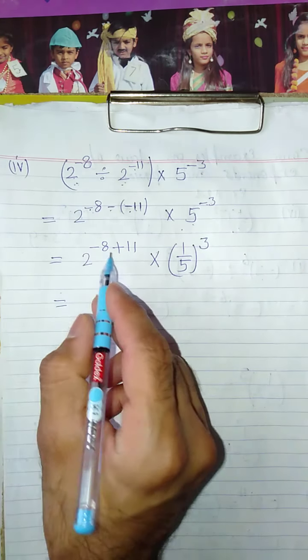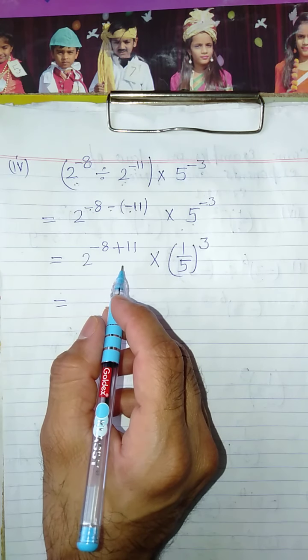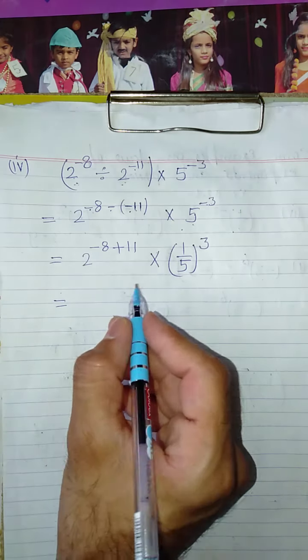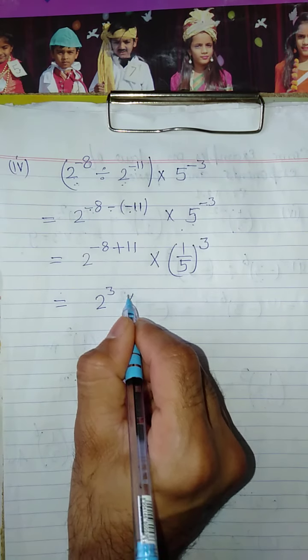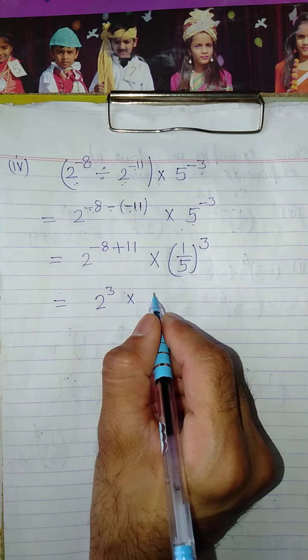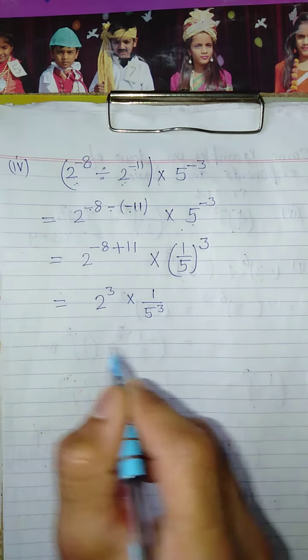So this will be equal to 11 minus 8 is equal to 3. So this will be equal to 2 power 3 multiply by 1 upon 5 power 3.